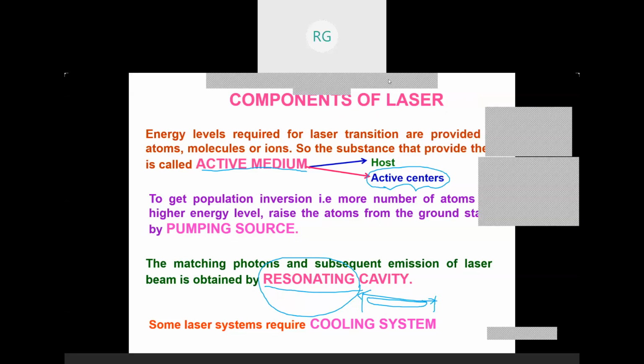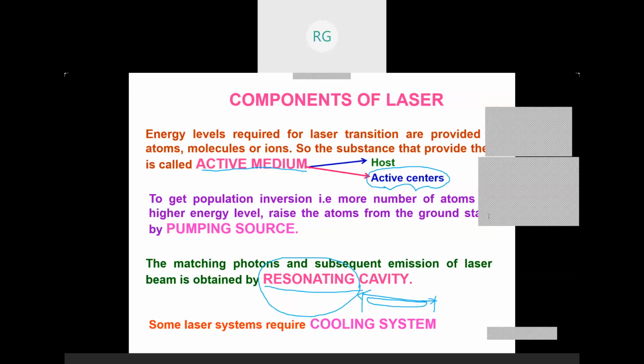Next is the resonating cavity. Resonating cavity means that you should be able to get a coherent beam, meaning that the light coming out of the active medium should emit light waves which are in phase. All those waves which are in phase will give rise to a coherent beam.